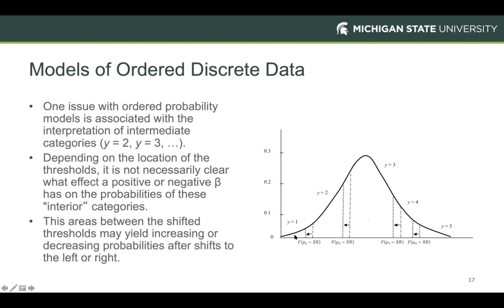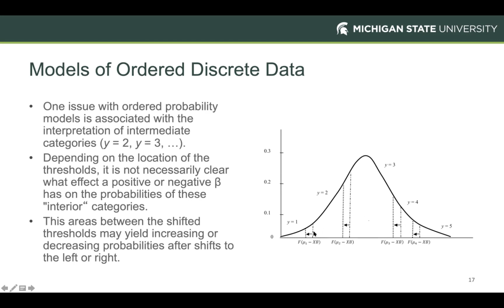The converse is true if a parameter estimate is negative, but the interior categories require a little bit of additional calculation in order to understand whether a positive or negative beta is going to increase the likelihood of somebody falling in category 2 or 3 or 4 as the case may be, okay?